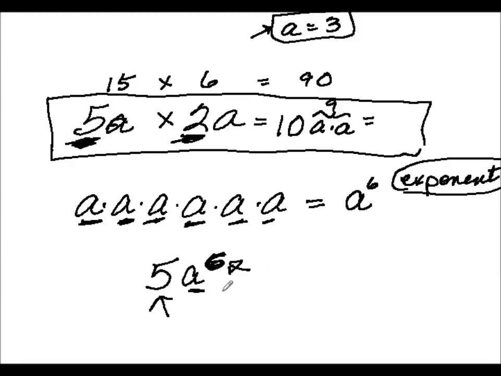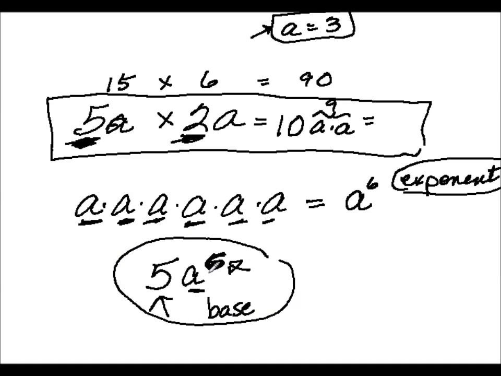And this a is the base, the variable. The whole thing, since everything here is multiplied together, is called a term. So we have this vocabulary: coefficient, base, exponent, term.